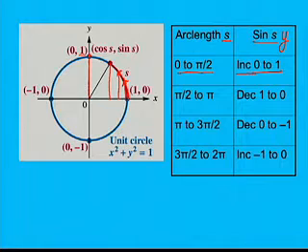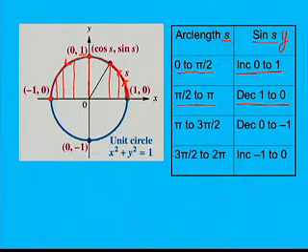What happens as I continue beyond pi over 2? The y values begin to get smaller and smaller until we reach a value here of 0. We're decreasing from 1 to 0 as we move from pi over 2 to pi.